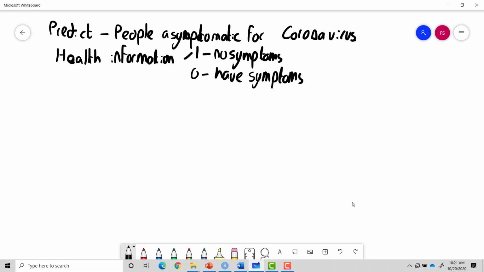So the first thing we do is we have all this information. We have things like age, body mass index, various health indicators, exercise and stuff like that. What we're going to do is think, what's the most important thing? Well, a lot of young people are asymptomatic. So let's say we're going to split.